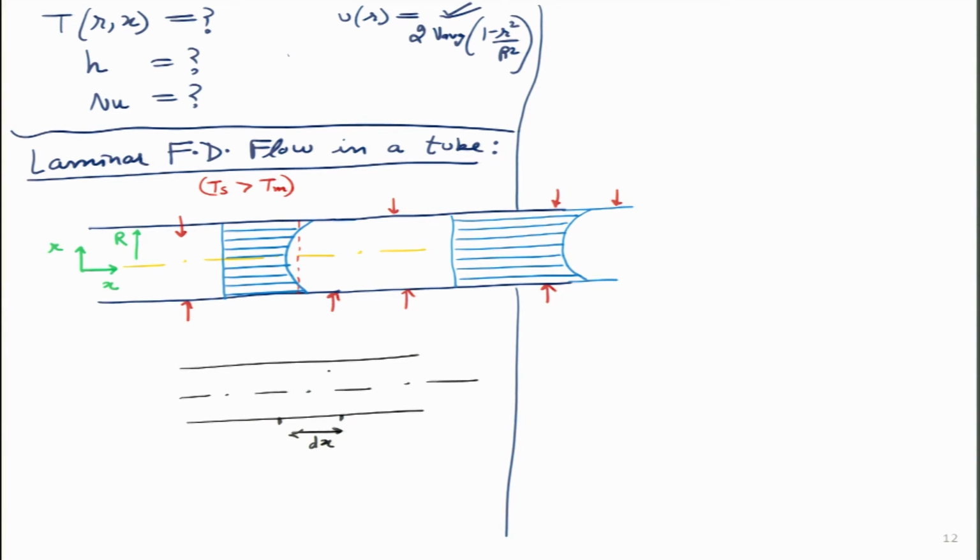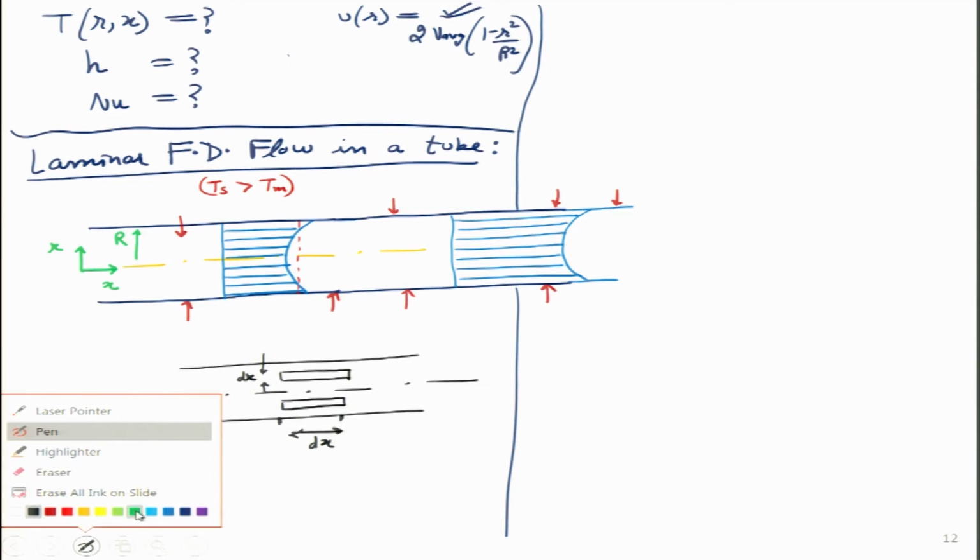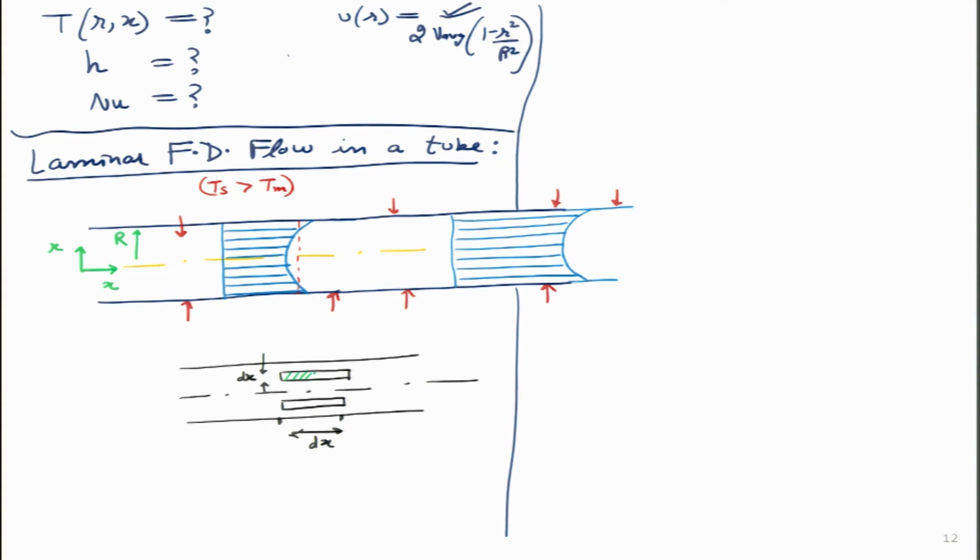So, in this direction this will be the length, and in this direction its length is dr. So, I hope you will be able to know what I am doing over here. Maybe I will use another color as well. So, if I can make it green over here. So, this section that I have drawn, this is the side view of something which I can draw over here at the bottom.